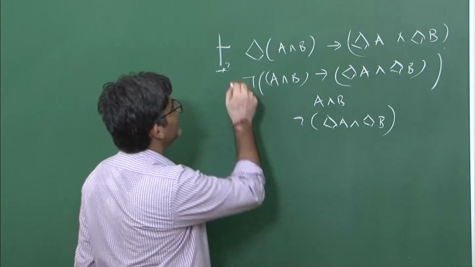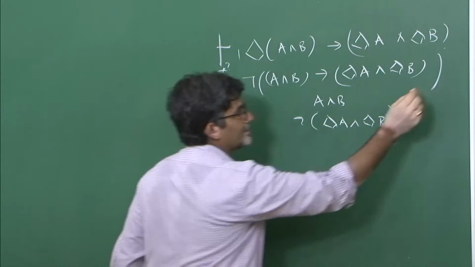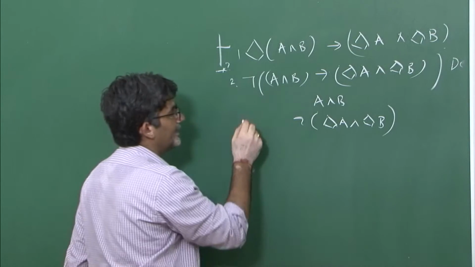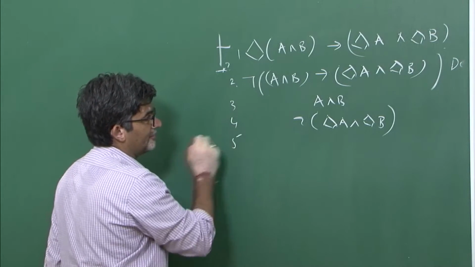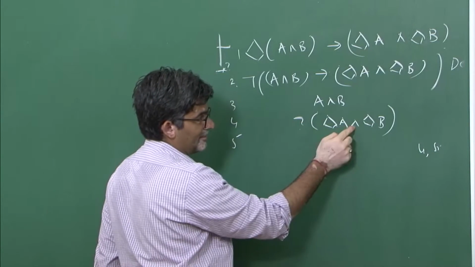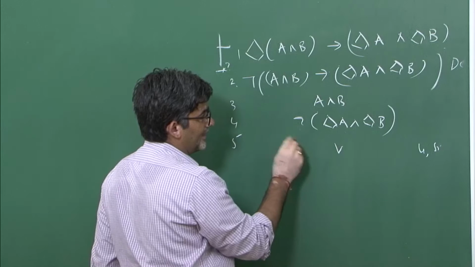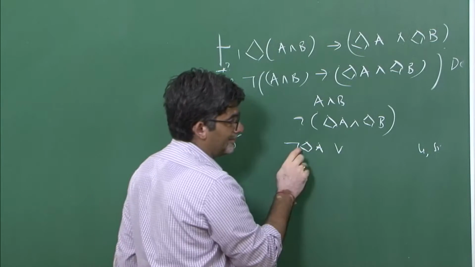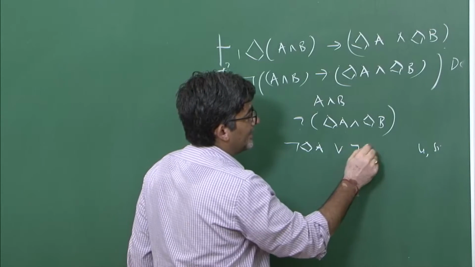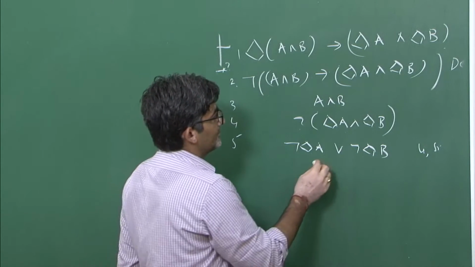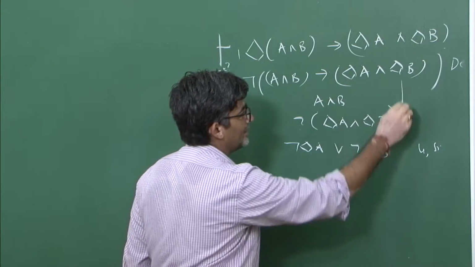Coming back to this one, 1 and 2 are the denial of the well formed formula, and then 3, 4 and 5. For simplification you get this. The negation of a conjunction is a disjunction, and it is the negation of possibility of A, that means it is impossible that A, and the negation of possibility of B. Now all these things are true.